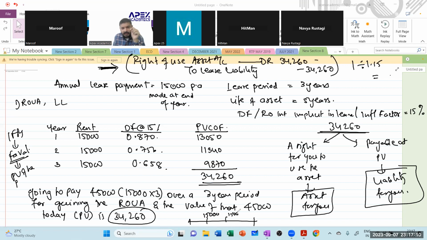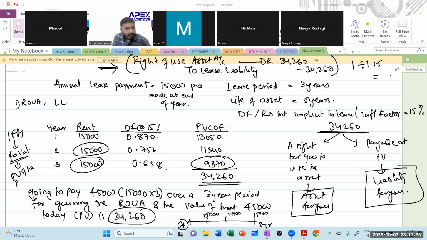I agree. But what is the value of $15,000 paid after 3 years? This is the third year's rent. When are you going to pay this? In year 3. What is the value of it today? The value of it today is 9870. 9870 today will become 15,000 after 3 years because of inflation, because of interest. So I am recording it at its present value today.